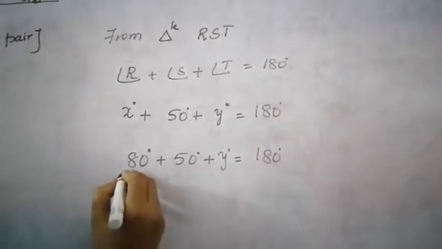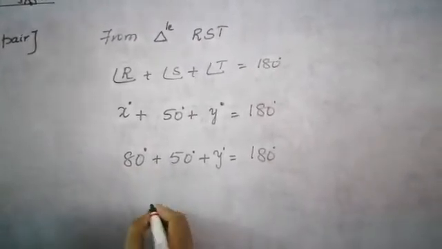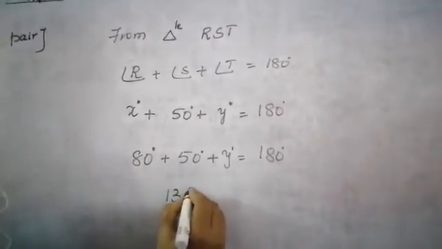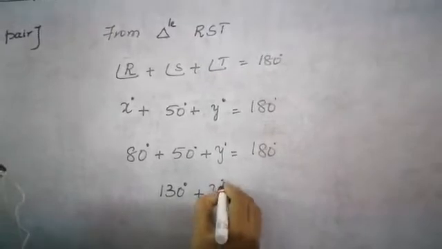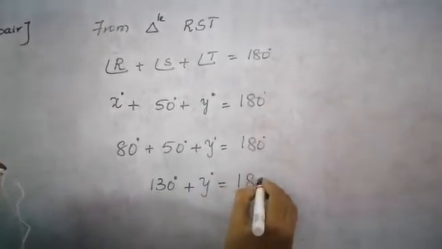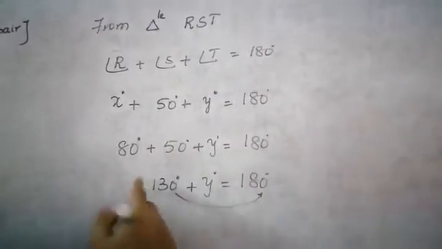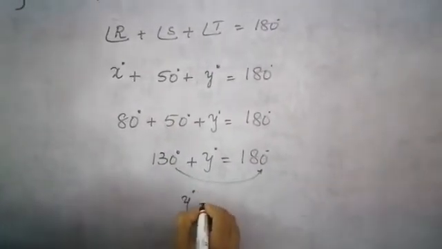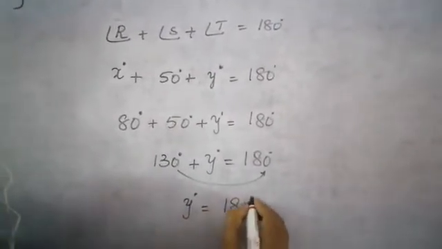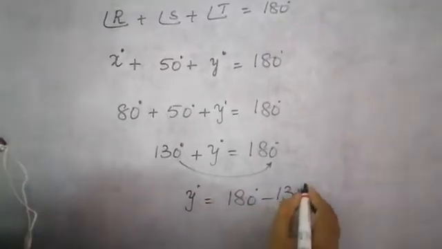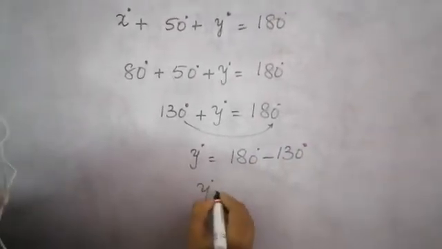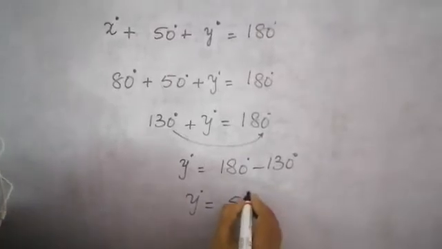80 plus 50 how much, children? 80, 90, 100, 110, 120, 130. Isn't it? 130 degrees plus y degrees is equal to 180 degrees. This 130 will go to that side. LHS to RHS, so plus becomes minus. So y degrees is equal to 180 minus 130 degrees. So y degrees is equal to 50 degrees.